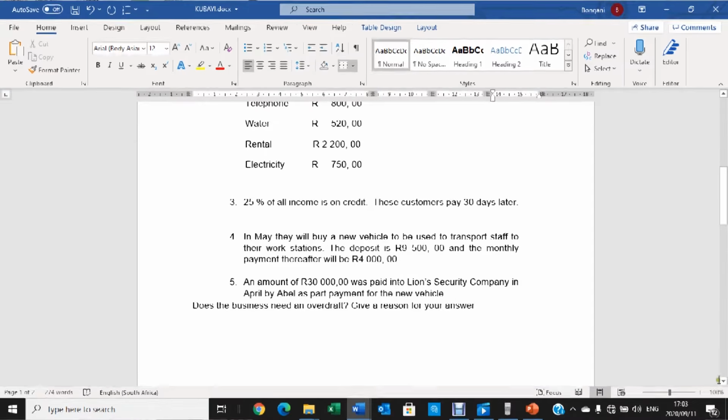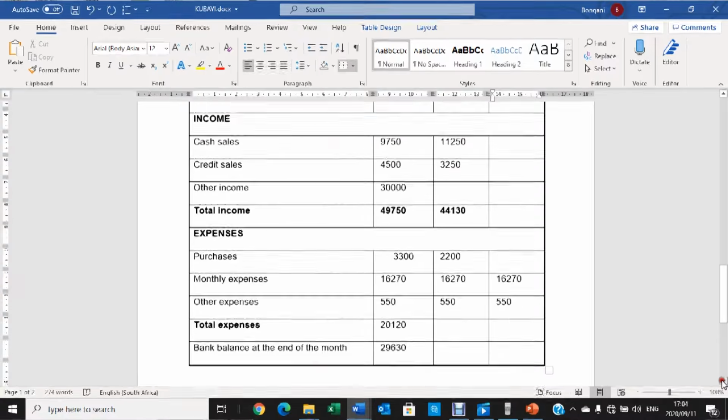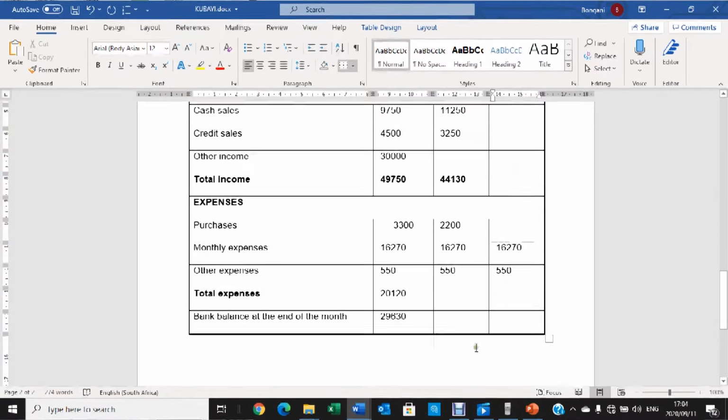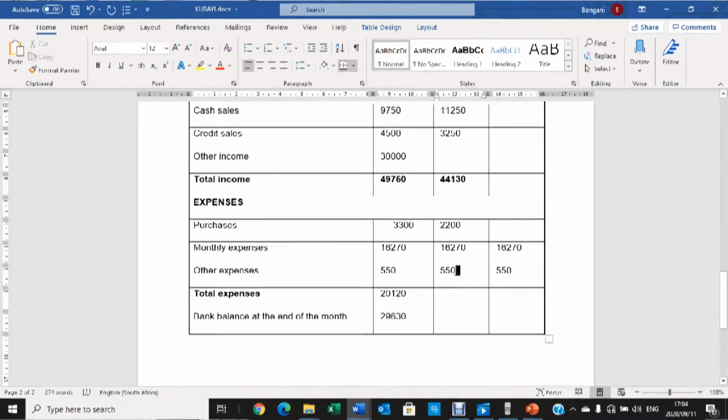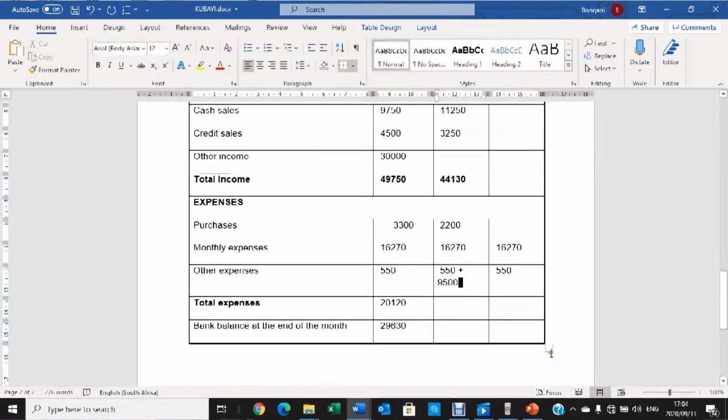Then we go back to our addendum, other payments or other expenses. For May, we have already recorded the 550, and then we add plus 9,500. And then we are done with that one.